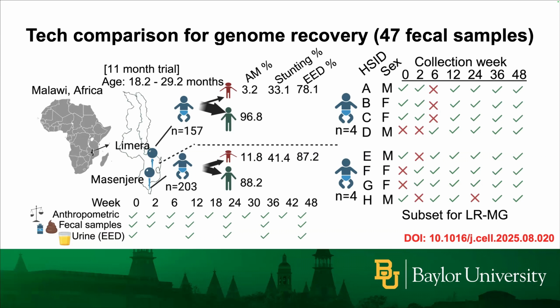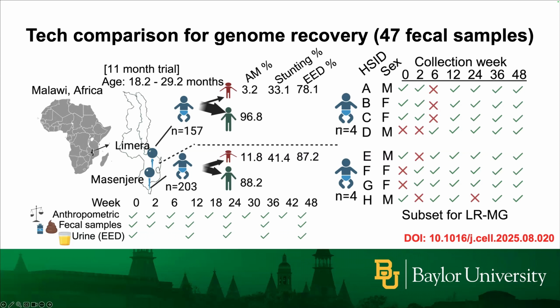You can see that between these 2 villages, there are differing levels of malnutrition, so differing levels of acute malnutrition, different levels of stunting, different levels of environmental enteric dysfunction, which diarrhea is kind of a phenotype of, but it's a little bit more than that. It's inflammation of the small intestine.